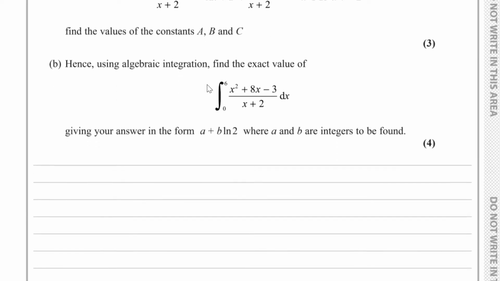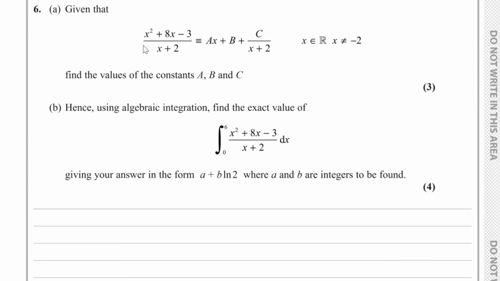So for this question, we can multiply both the left hand side and the right hand side by x plus 2. So for part A of the question, we begin with the x squared plus 8x minus 3 on the top, we've got the x plus 2 on the bottom, and this is equivalent to ax plus b plus c over x plus 2.